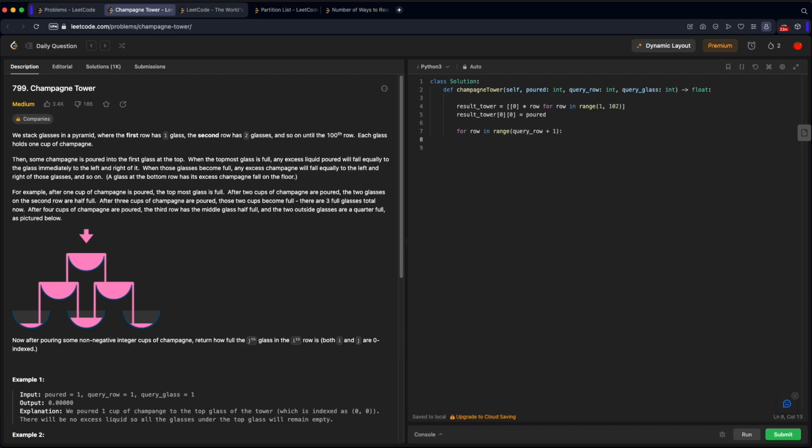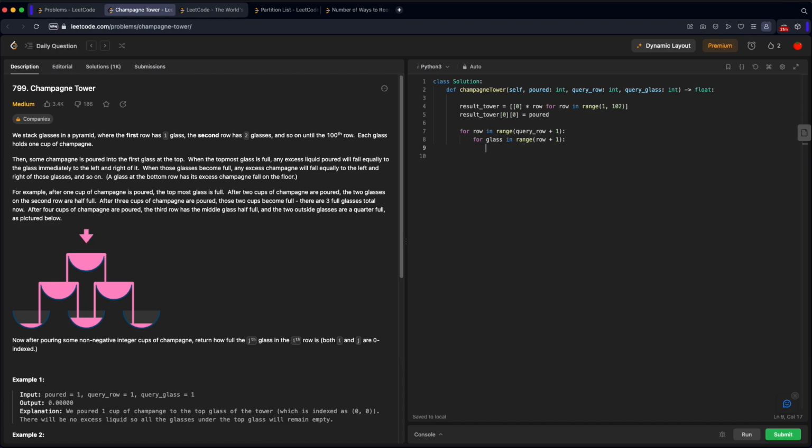Now for every row in our tower up to our query row, let's go through every glass in that row. Again this is going to be range. How many glasses are in a row? Well, the row value is the number of glasses, so this is going to be row plus 1.